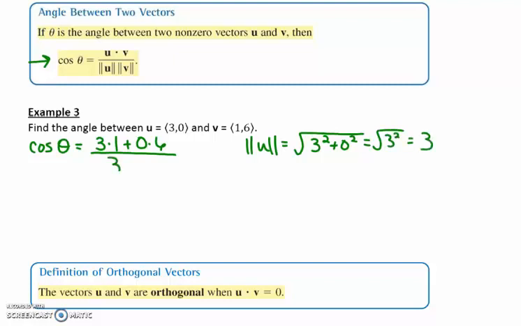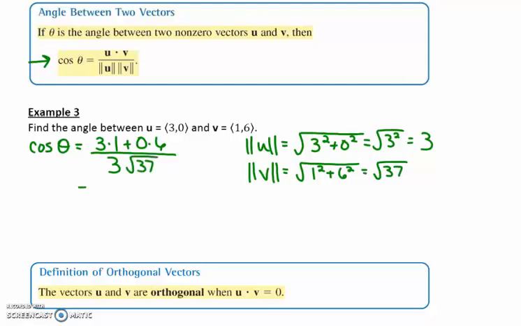So we have a 3 down here. And then the magnitude of v is equal to the square root of 1 squared plus 6 squared, and so that is the square root of 37, and that's not going to be able to simplify.